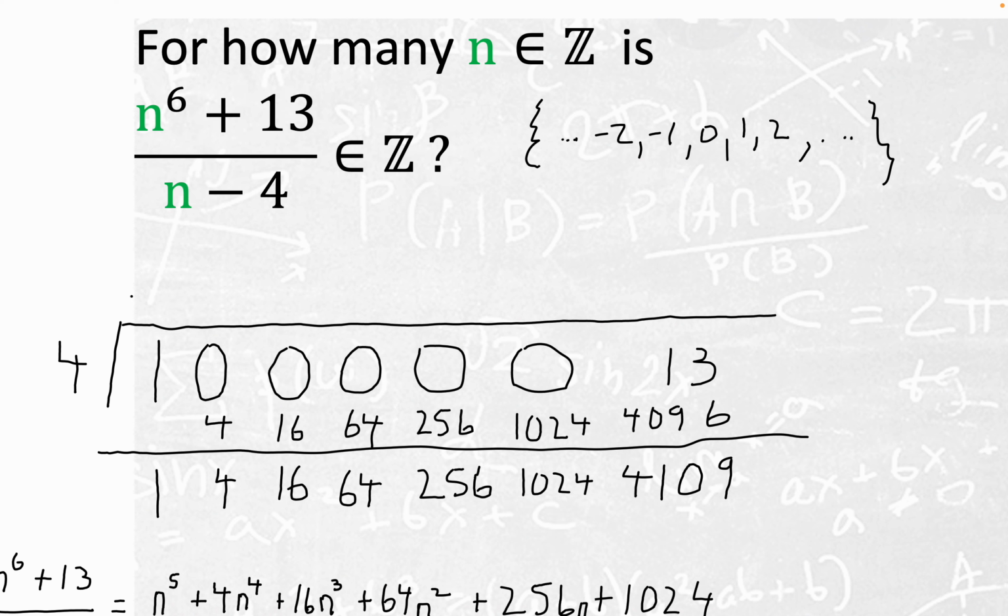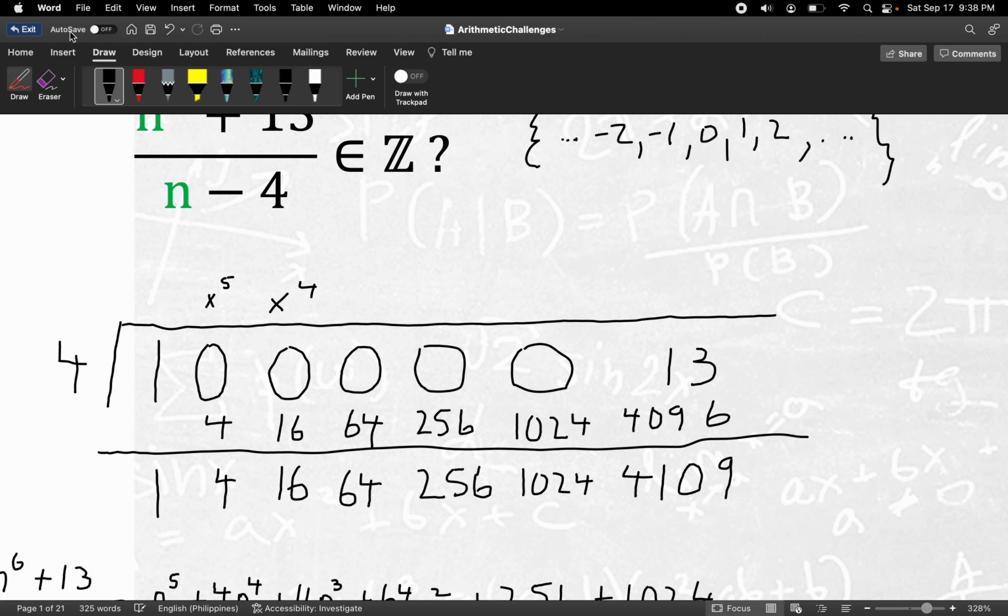Now if you'll take a look right here, there are a lot of missing terms. For example, there's an n to the 5th term that's missing. That would be 0n to the 5th, and n to the 4th is missing all the way. I said x, folks, I'm sorry, that's n. My bad, let me erase that.